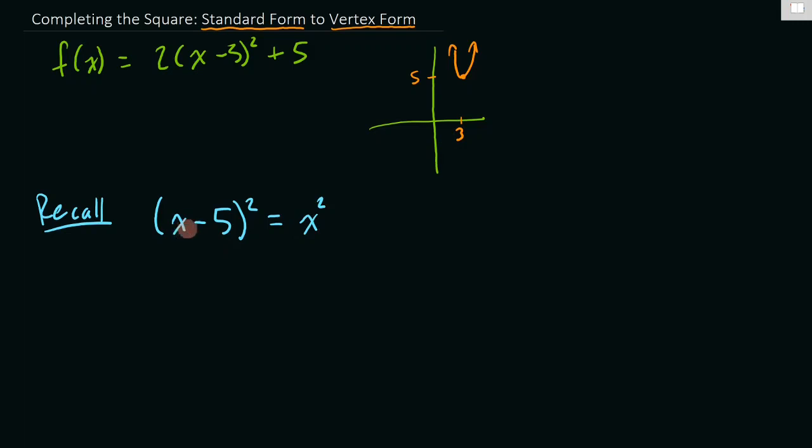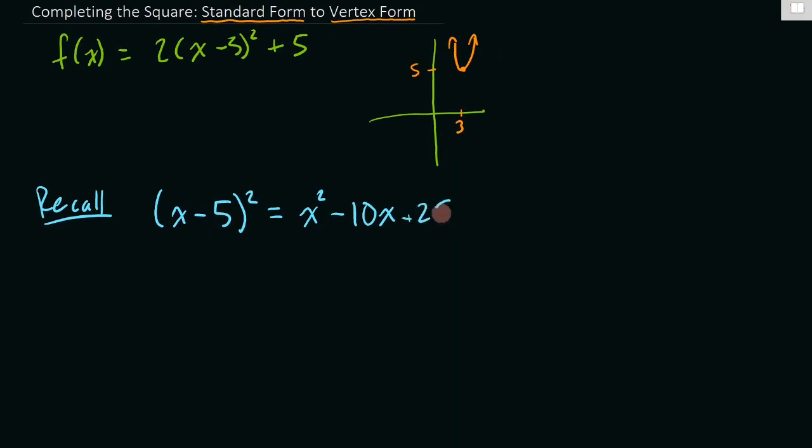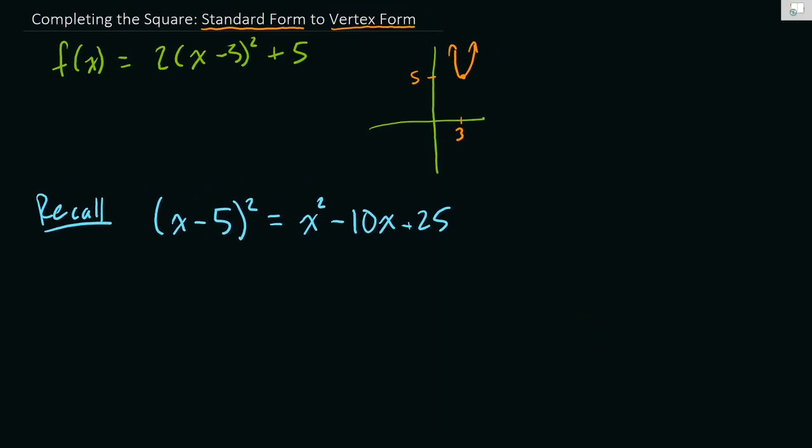And then your first sort of FOIL or your first expansion or box method, whatever method you do, you're going to be multiplying x by negative 5 once, and then you're going to be multiplying negative 5 by x once, which means you're going to get negative 5x and another negative 5x, meaning your x coefficient will be negative 10. And then your integer piece at the end is going to be negative 5 times negative 5, which is plus 25. You can also do this backwards.